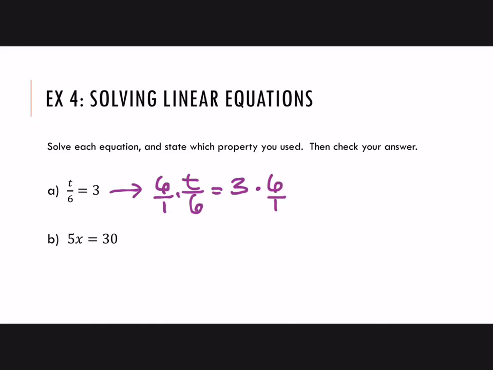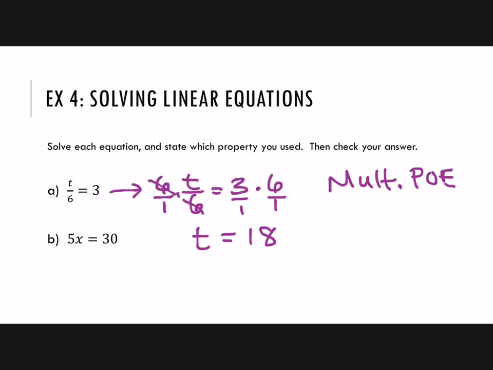On the left, the 6's cancel each other out because that's 6 over 6, which is just 1. So I end up with t divided by 1, which is just t. And then on the right I have 3 over 1 times 6 over 1, or just 3 times 6, and that's 18. We multiplied, so this is the multiplication property of equality.